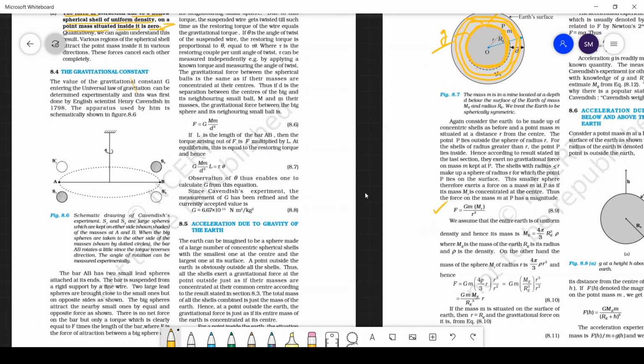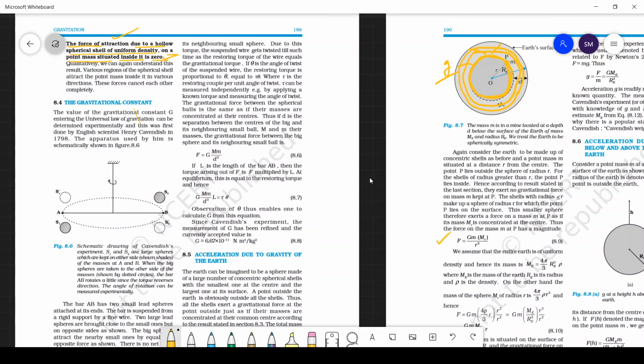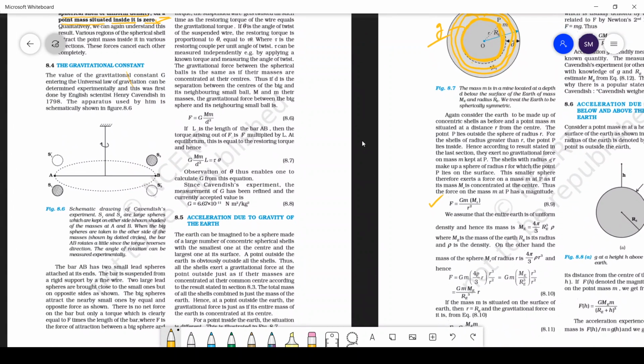Now let us do this small topic, the gravitational constant also. First of all, forget this, cross these two things. Okay, so we have this rod AB, and this is the wire from which it is hung, and these are two small lead spheres, which have very high density, at the two ends of this rod.